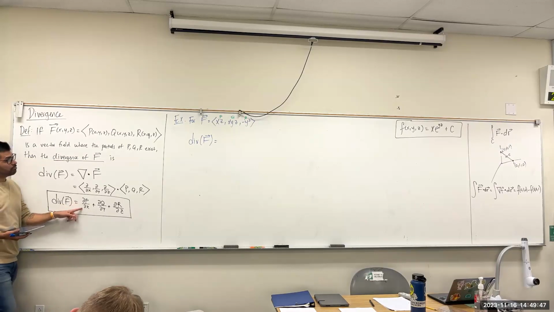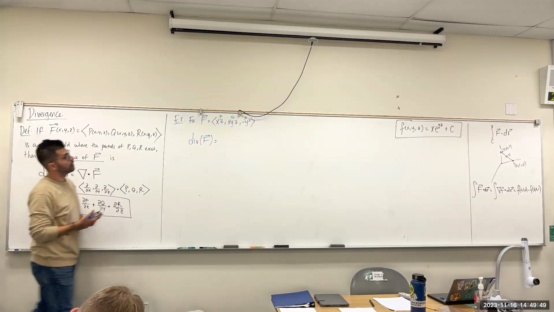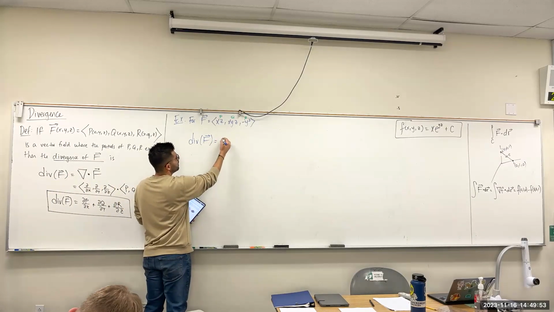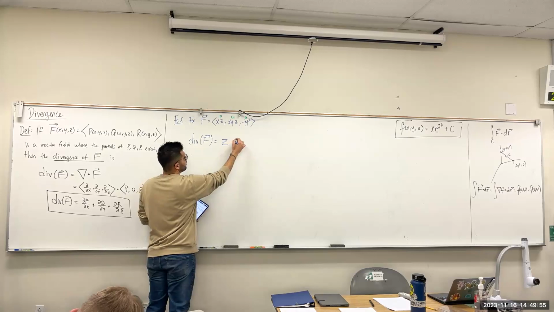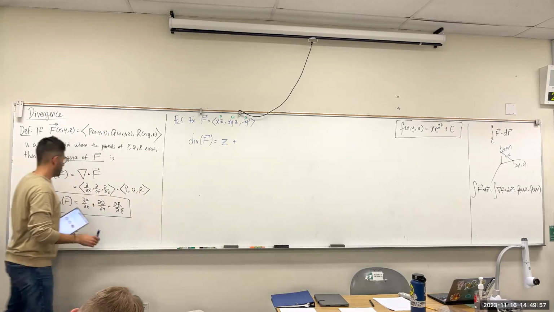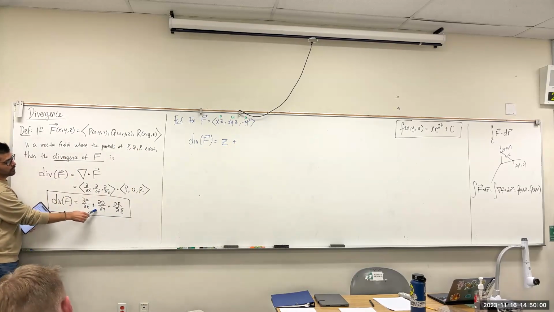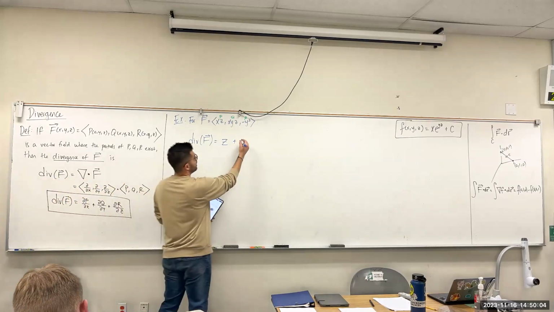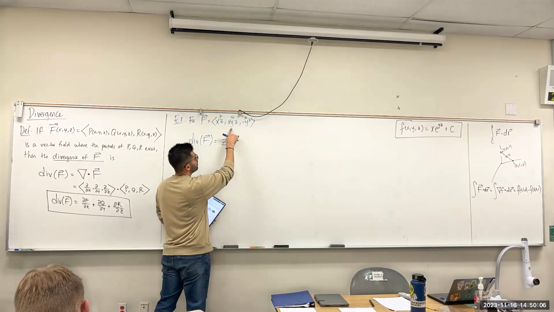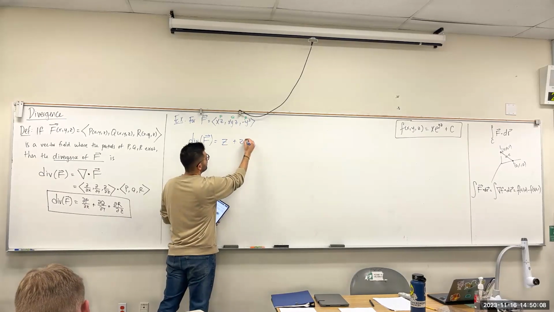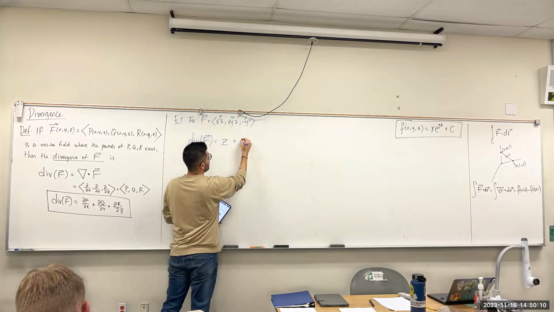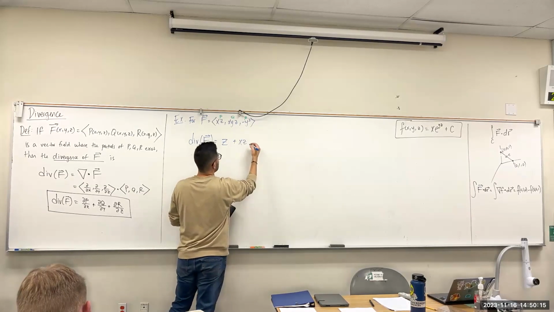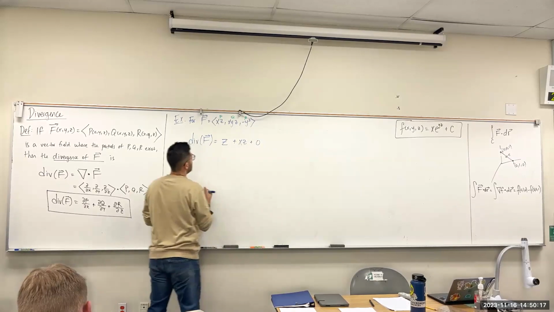We take the partial derivative of P with respect to x, what is that? z. Plus, what's the partial of Q with respect to y? xz. And then what's the partial of R with respect to z? Just a big fat 0.